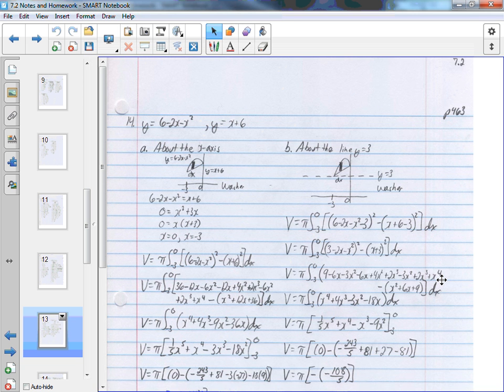So our equations are y equals 6 minus 2x minus x squared and y equals x plus 6. So for part A, we're supposed to take this about the x-axis.